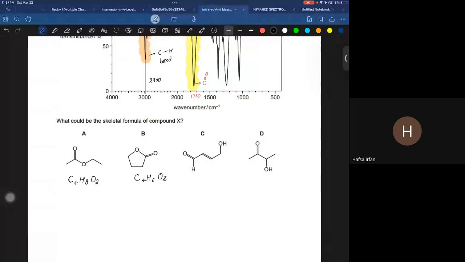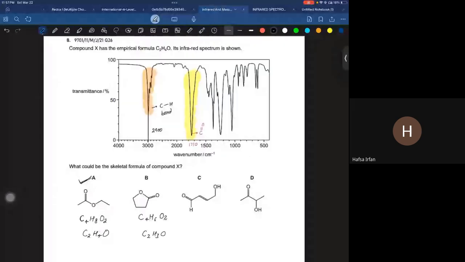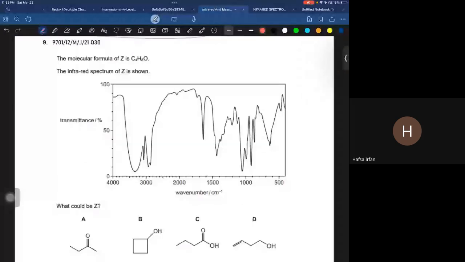So the empirical formula would be C2H3O. Of course it's going to match this option. That's the reason option A is the correct option. Hopefully you understood this. Not rocket science. It's very easy. Just you have to see the peaks, map with the given data, and you will get your answer.